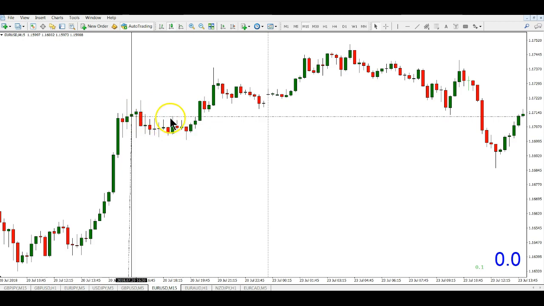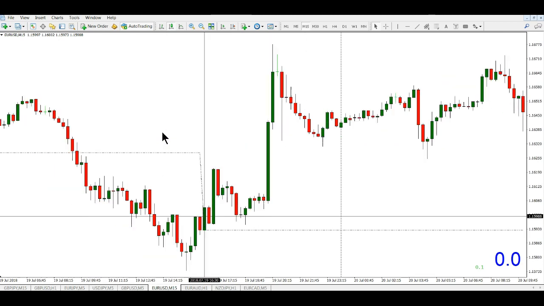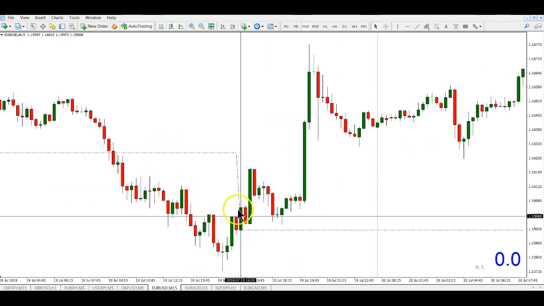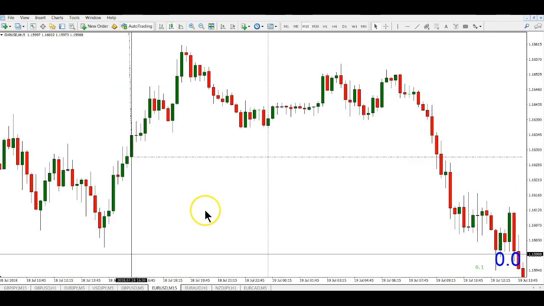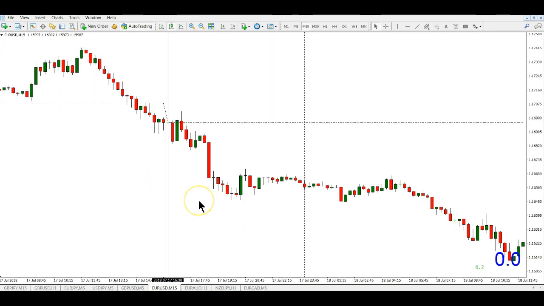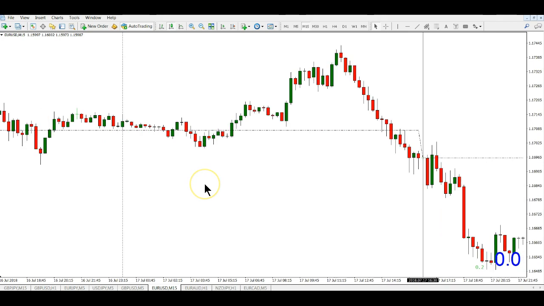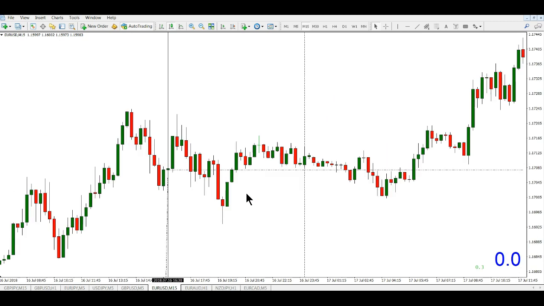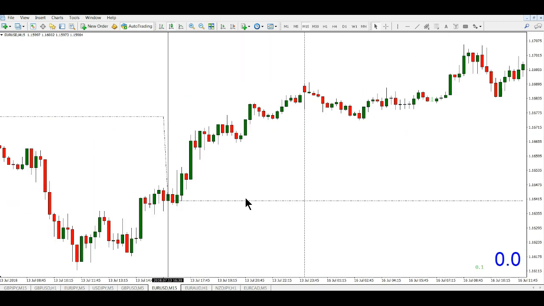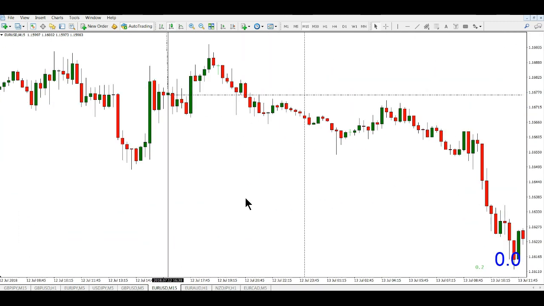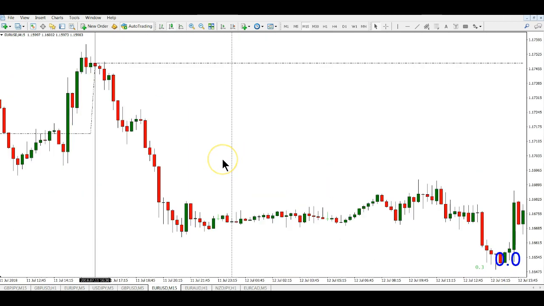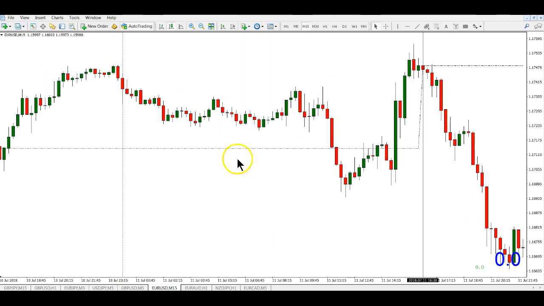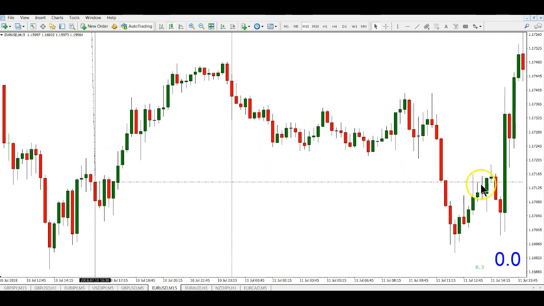And all these wicks go up and hit it. Of course, price doesn't always come back to the equities open, but just going back to see how they react. So it came up there and bounced several times.